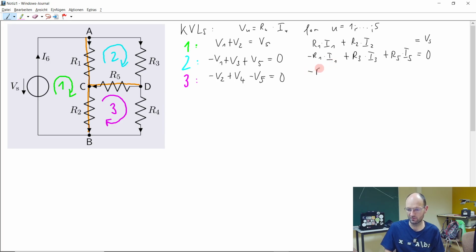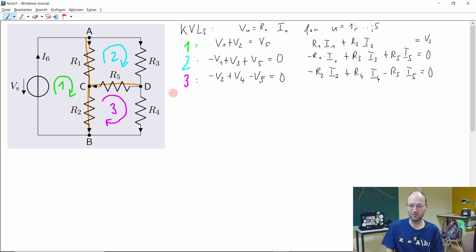And so the last Kirchhoff's voltage law equation is minus R2 times I2 plus R4 times I4 minus R5 times I5 equals also 0. And so you can imagine if we would, once again, calculate the sum of all these 3, we would get the mesh equation for the big mesh that goes around the whole circuit, what we've also checked last time. Okay, so now we have currents instead of voltages, but still we have an equation system with 3 equations but 5 unknowns.